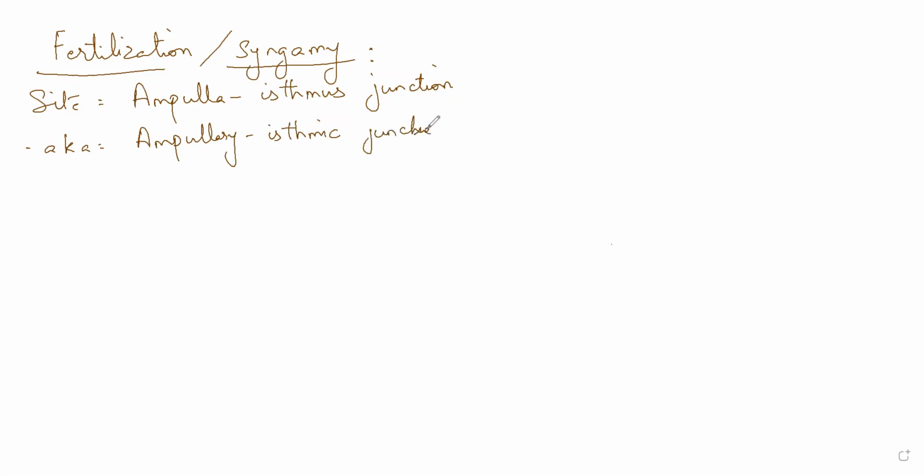Ampulla and isthmus are the parts of the fallopian tube.